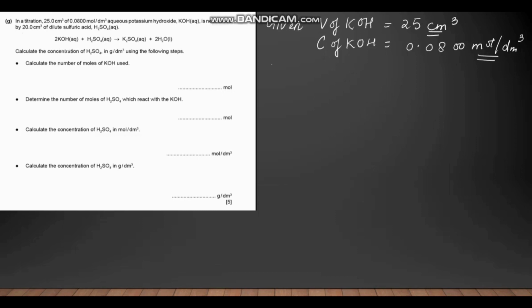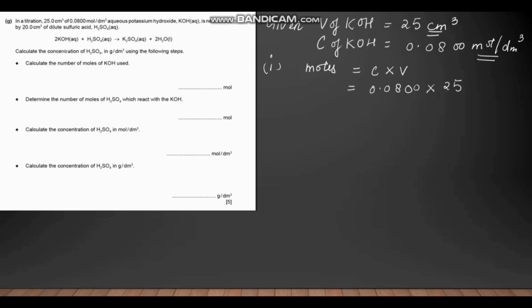Now, the first part of the question says, calculate the number of moles of KOH used. To calculate the number of moles of KOH, moles equals concentration multiplied by volume. Concentration is given as 0.080 and the volume is given as 25 centimeter cube.